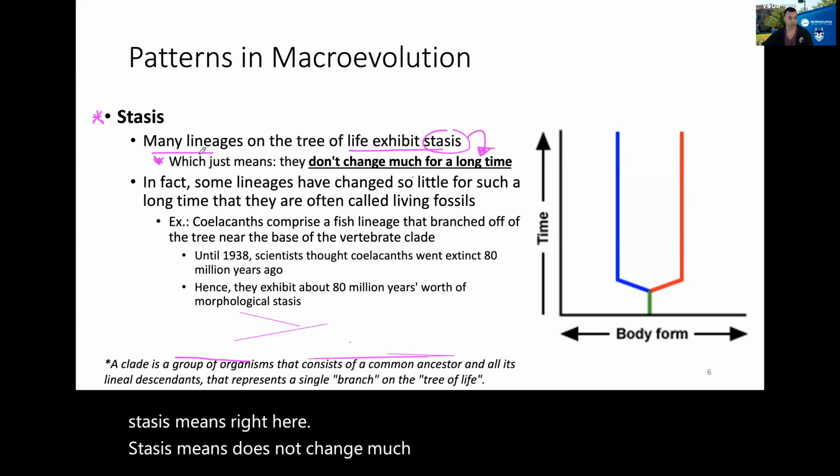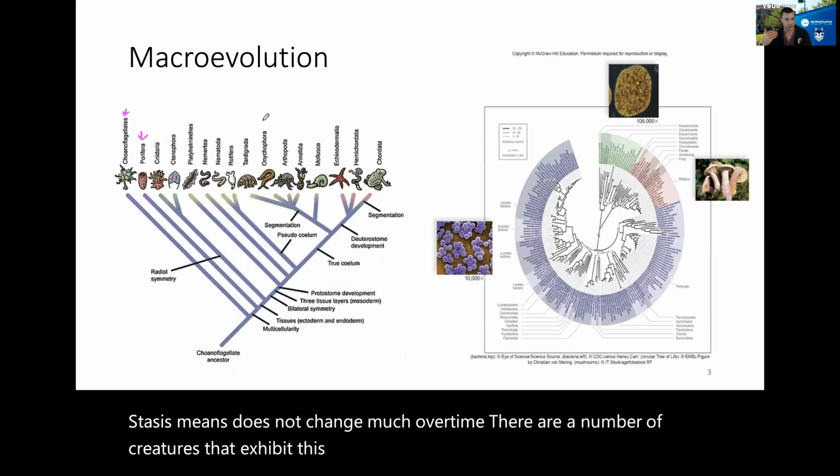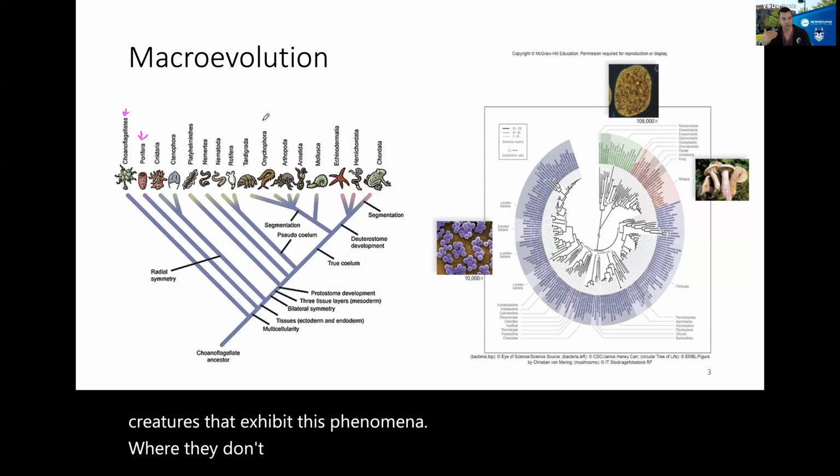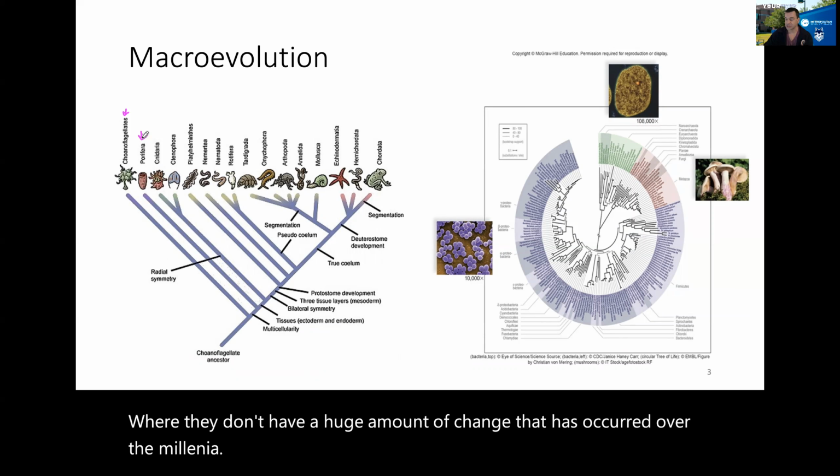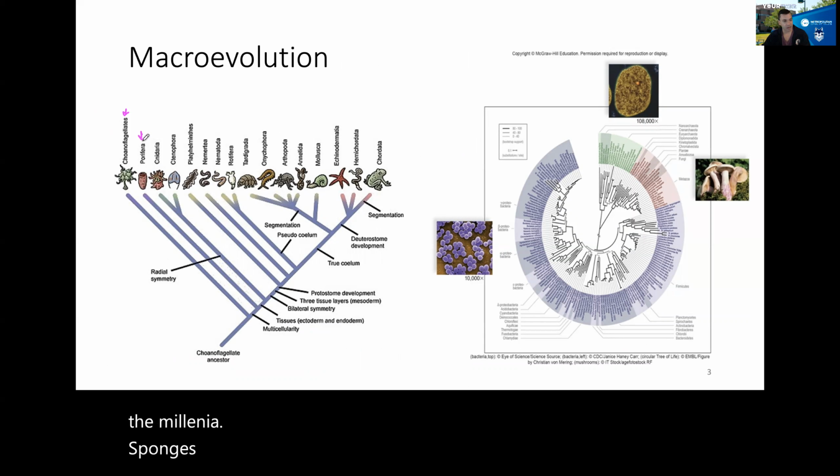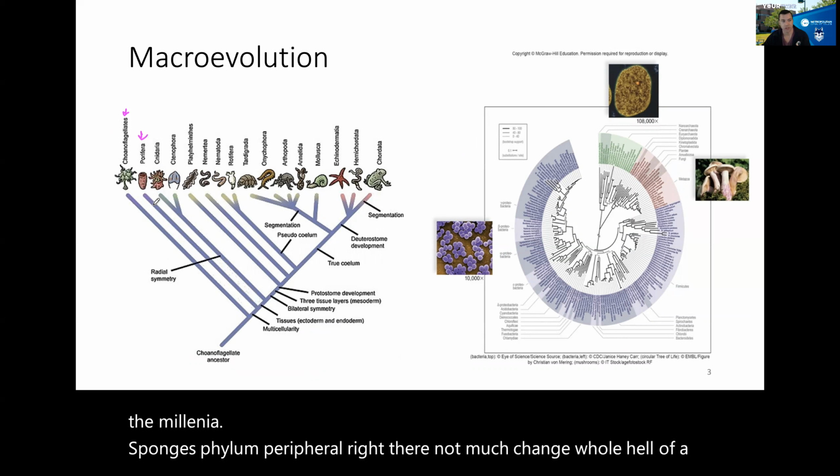Now, there are a number of creatures that exhibit this phenomena where they don't have a huge amount of change that has occurred over the millennia. You know, sponges, phylum Porifera right there, not much change. A whole hell of a lot of no change.